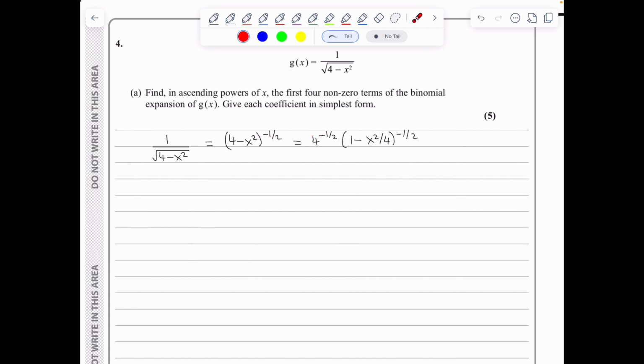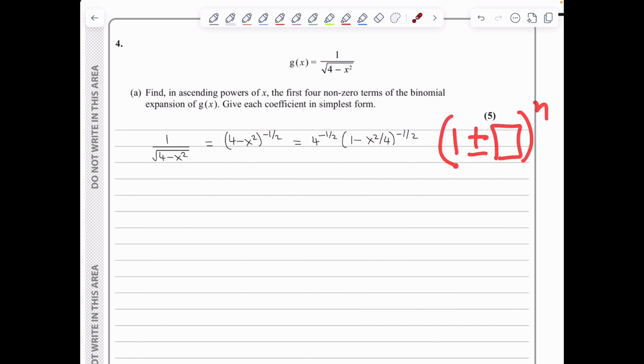So we are trying to obtain an expression of the form 1 plus or minus something raised to the power of n in order to proceed with the binomial expansion.